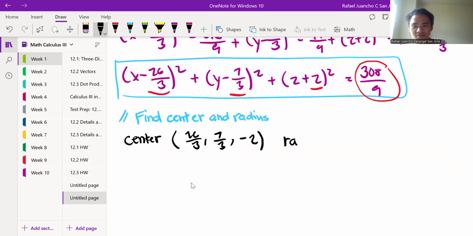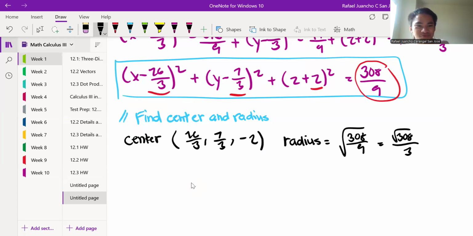For our radius, we get the square root of 308 over 9, because this is r squared. So to get r, we just take the square root. And this is 308 over 3, if you want to be more specific, but that's the idea.